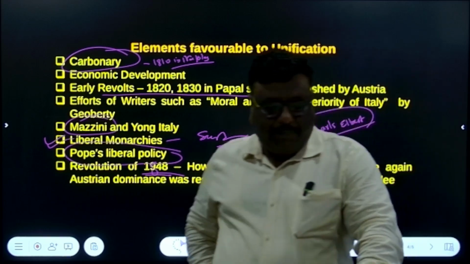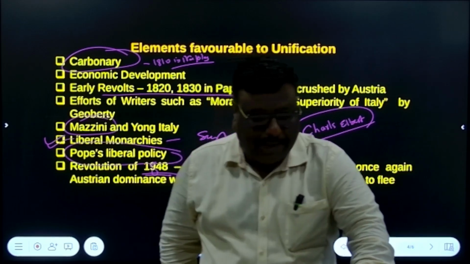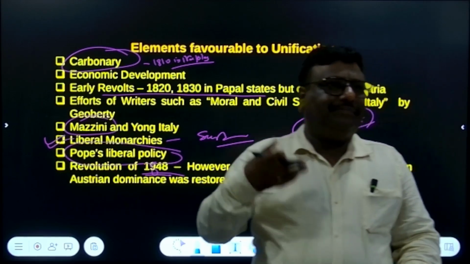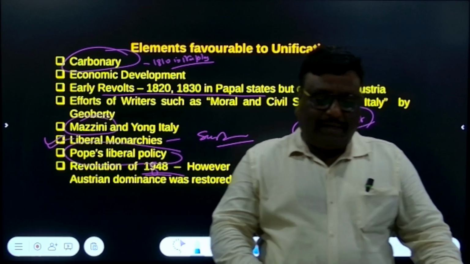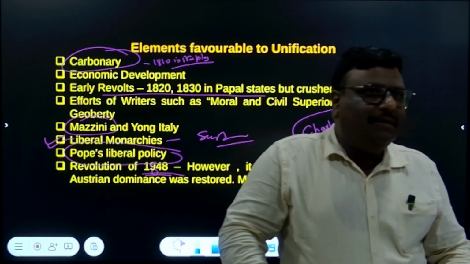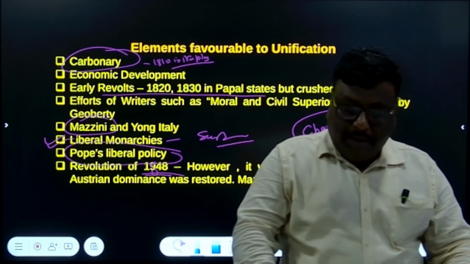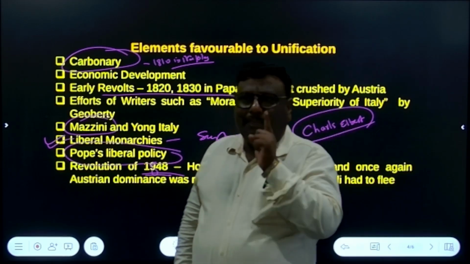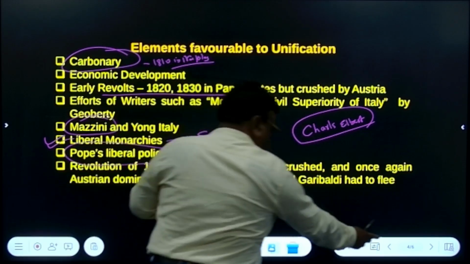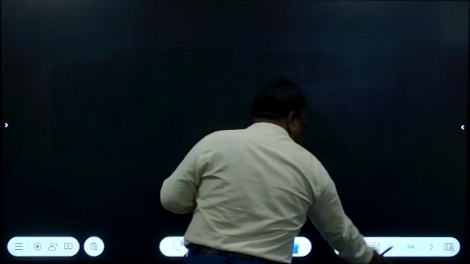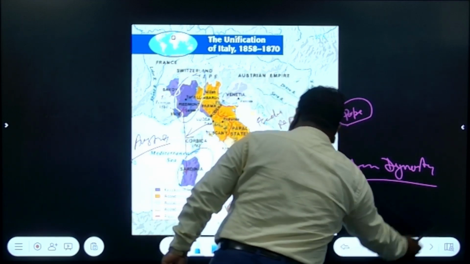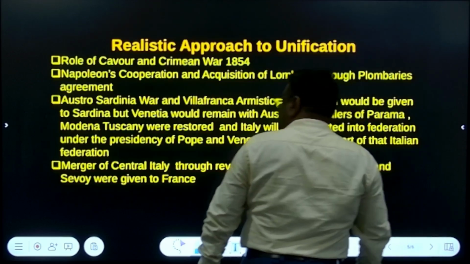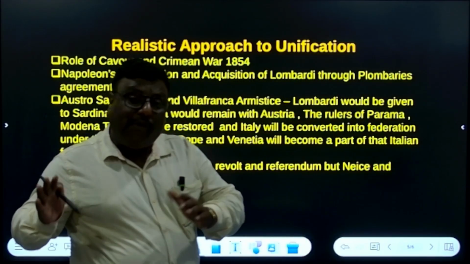First of all, the reformists of the states of Naples and Sicily started the revolt against their rulers and demanded a constitution. Ferdinand, who was the ruler of Naples, adopted the reformist constitution. Let me repeat once again, Naples and Sicily were controlled by the Bourbon dynasty, and the 1848 revolt means the revolt against the Bourbon dynasty also. In 1848, the people revolted in France also.